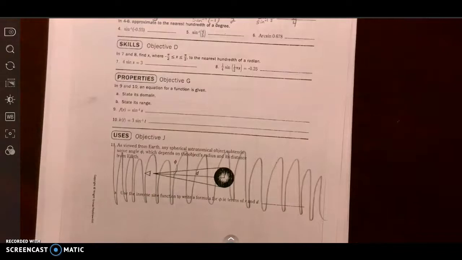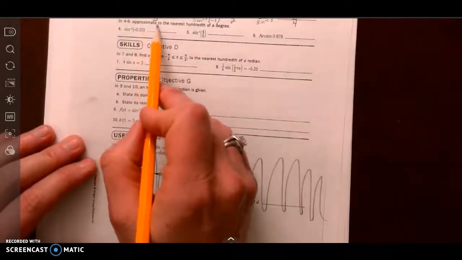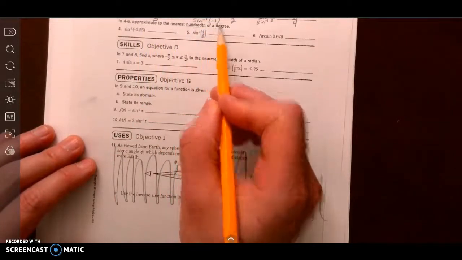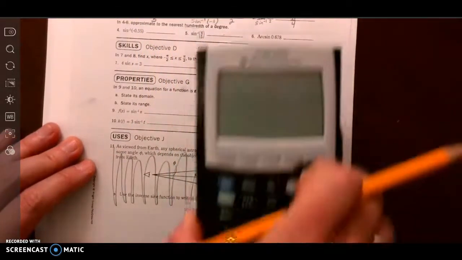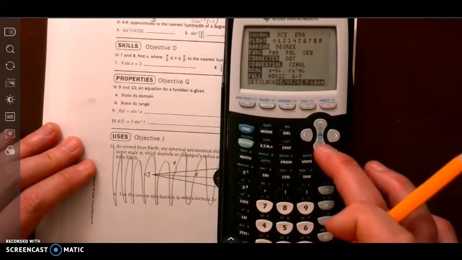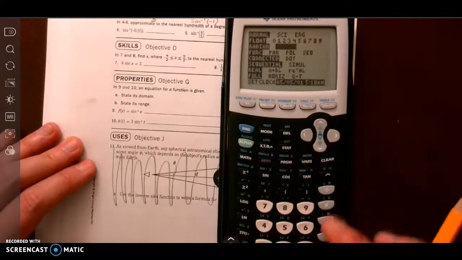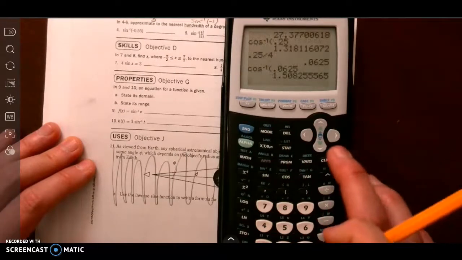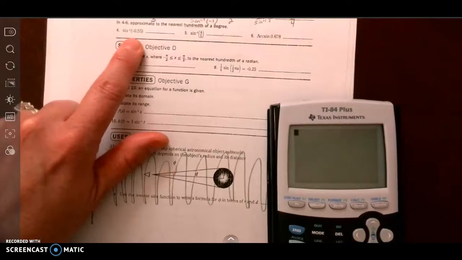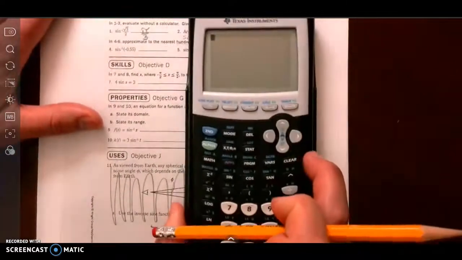Now it says in 4 through 6, approximate to the nearest hundredth. So I'm going to use a calculator in degrees. So I need to make sure that my calculator is in degrees, and it's not, so I need to switch it to degrees. And inverse sine of negative 0.55.